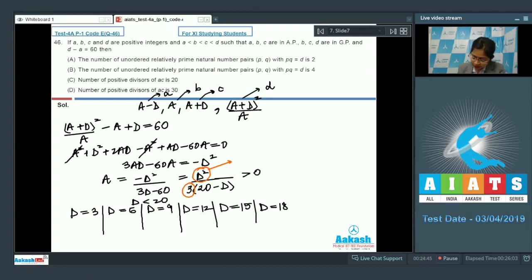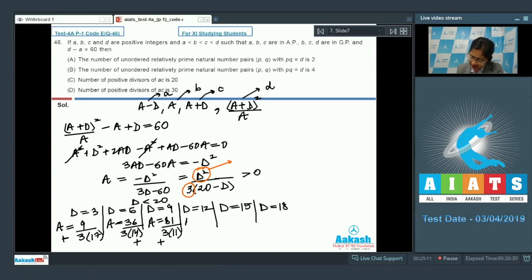Now corresponding to these, let's find the value of A. That will be equal to 9 upon 3 into 17, but this is rejected as it is not an integer. Again here A will be 36 upon 3 into 14, that is also rejected, and here A equal to 81 upon 3 into 11 is also not an integer.